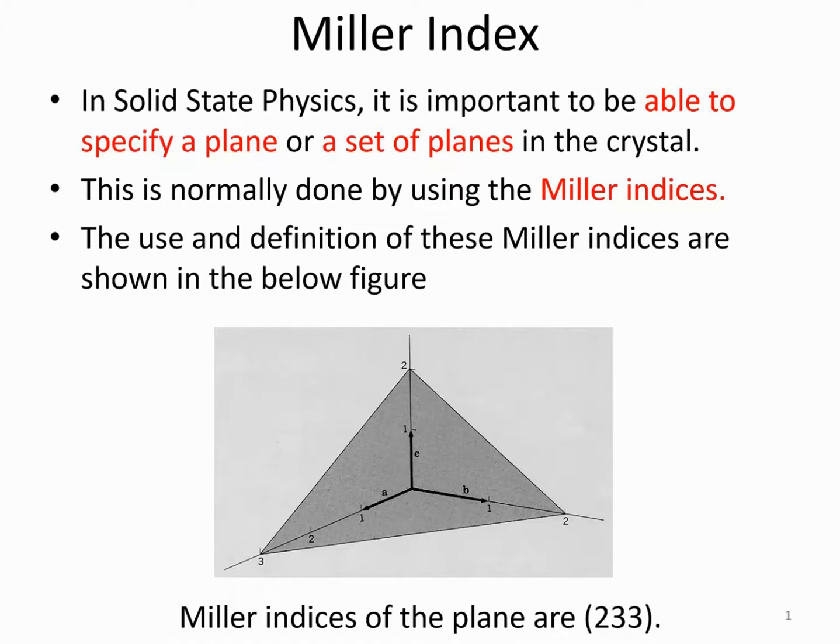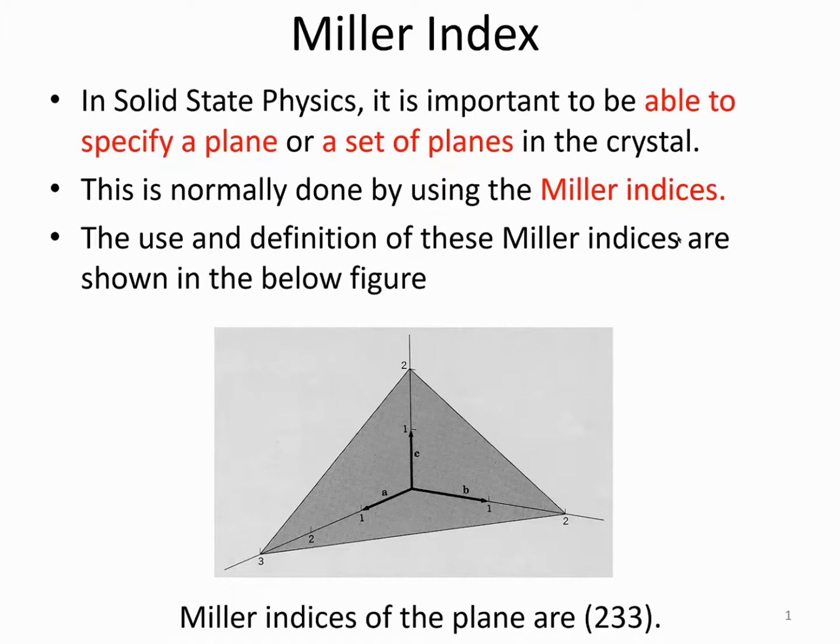So when you want to convert the real lattice to the reciprocal lattice through the inversion, this Miller index plays a very important role. Therefore, before we move into that chapter, I will try to introduce you to this Miller index.